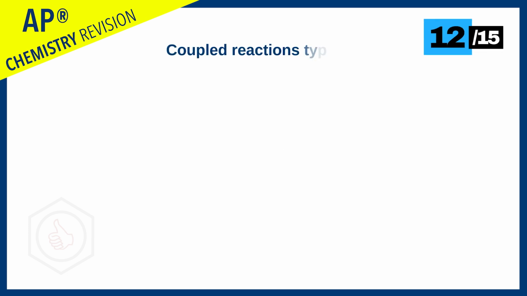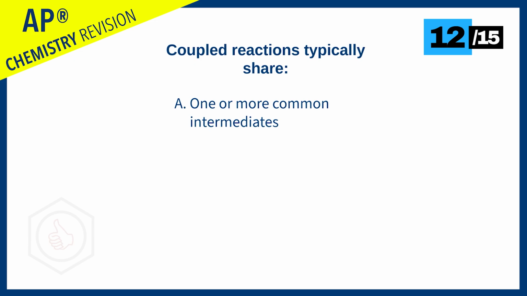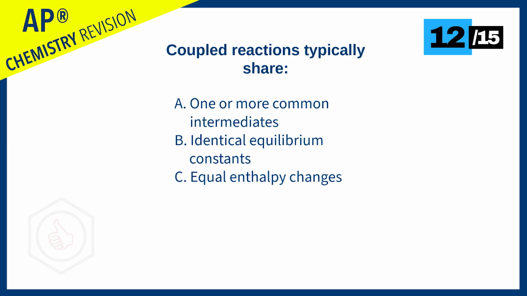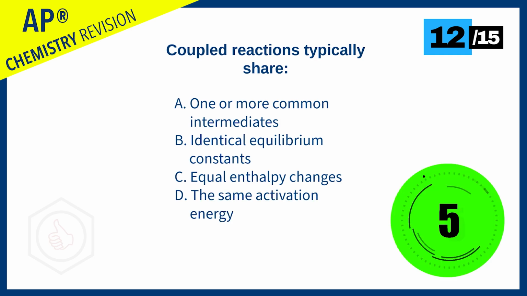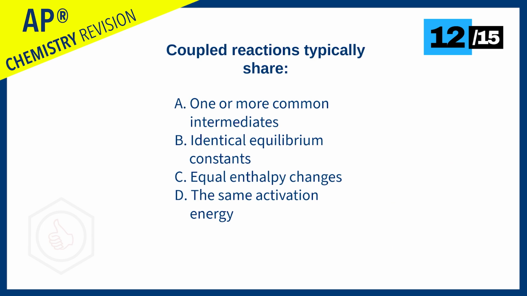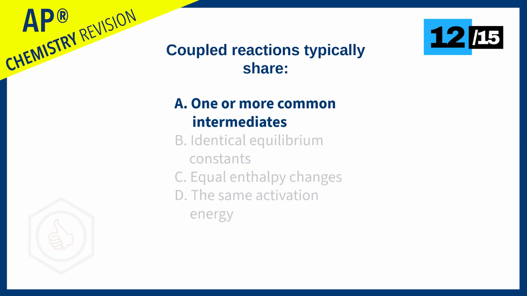Coupled reactions typically share one or more common intermediates, identical equilibrium constants, equal enthalpy changes, or the same activation energy. The answer is one or more common intermediates, which link the two reactions together so the energy from one can drive the other.